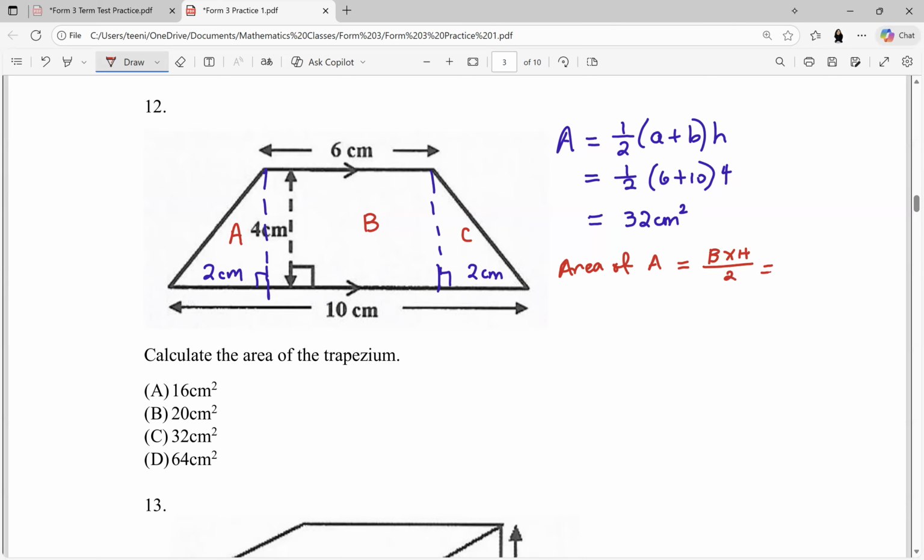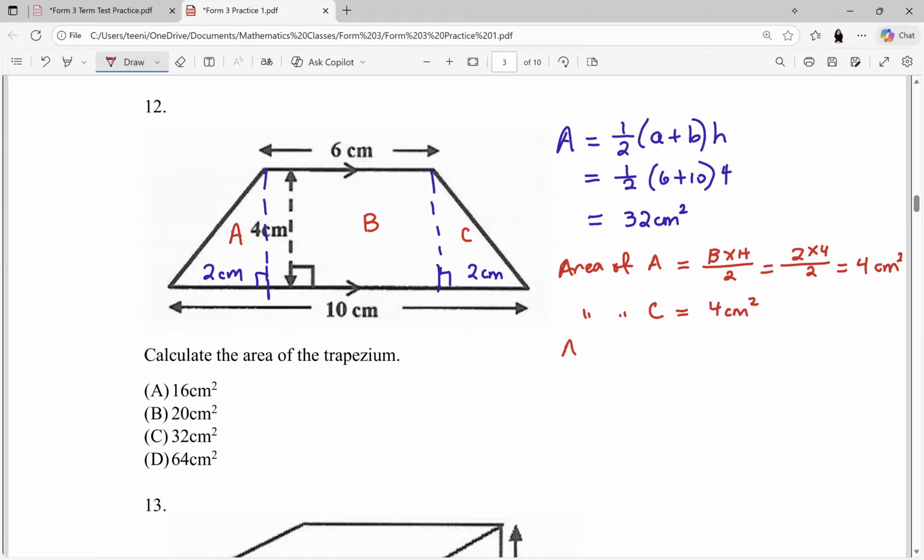The base here is 2, the height is 4, divided by 2. 2 times 4 is 8, and 8 divided by 2 is 4. So the area of the triangle will be 4 cm squared because these are identical triangles. So the area of A is 4 cm squared. The area of C is also 4 cm squared.